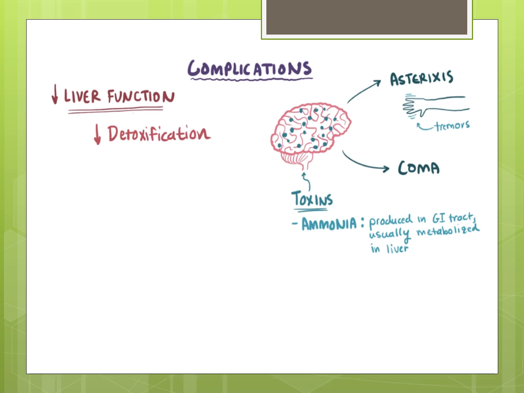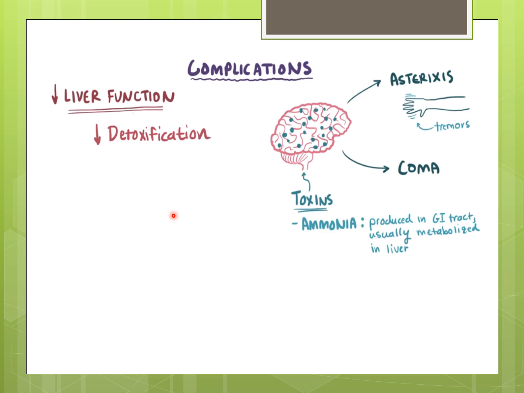Complications of cirrhosis: there is a decrease in liver function, and the liver is a very important organ, a chemical factory, a detoxifier. So the detoxification function is also decreased, and the most important toxin we saw in the beginning was ammonia. Ammonia is produced in the GIT and it is metabolized or detoxified in the liver.